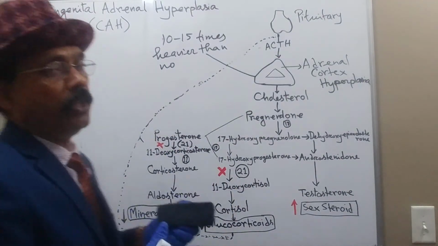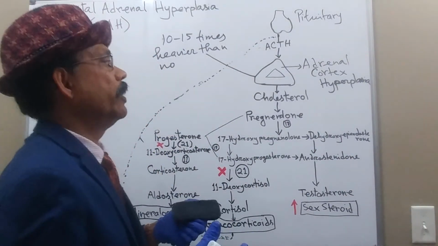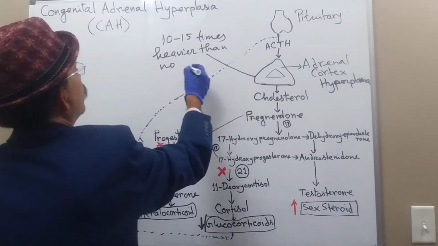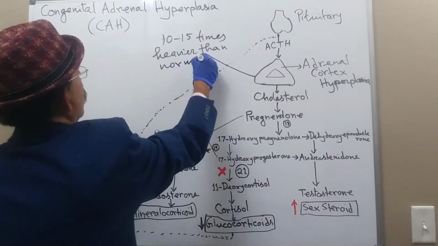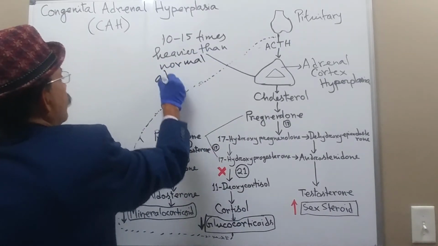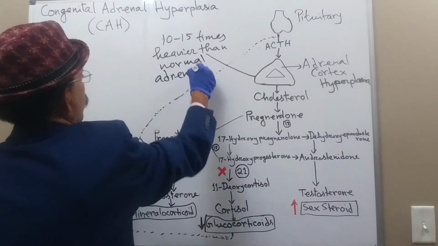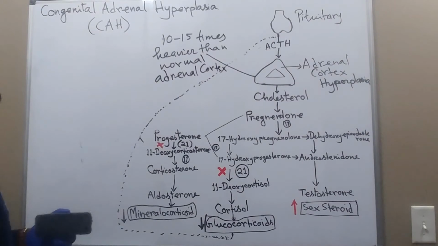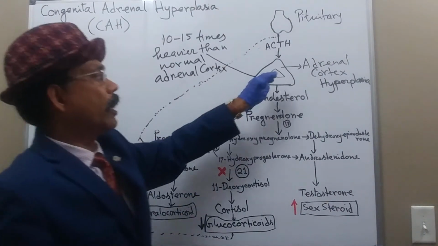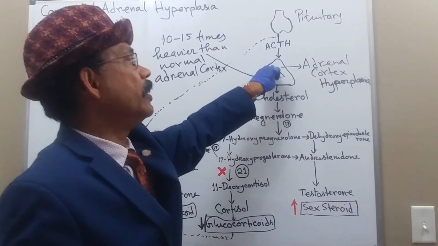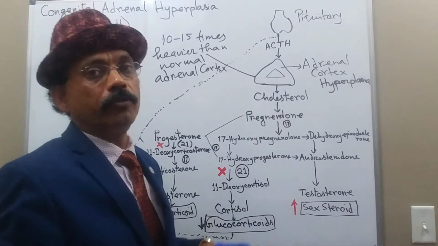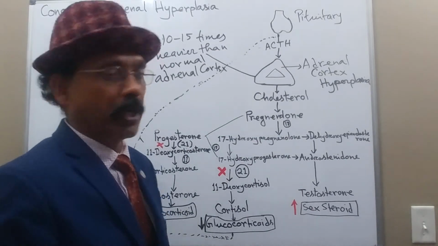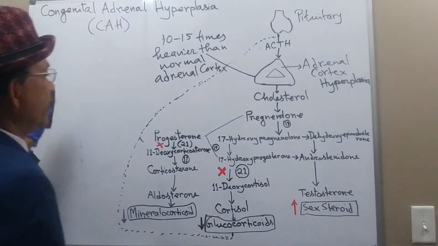Its weight is increased nearly 10 to 15 times that of the normal adrenal cortex. If you have a cut section of the adrenal cortex, we will see it is brown in color because of lack of lipid in the adrenal cortex.